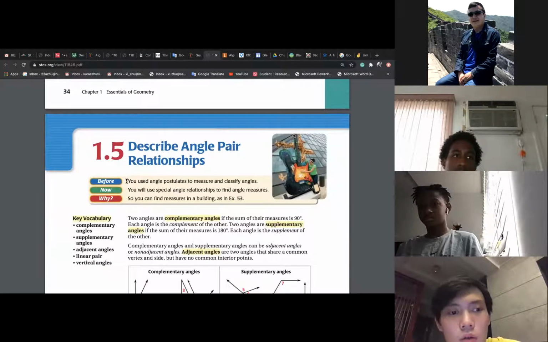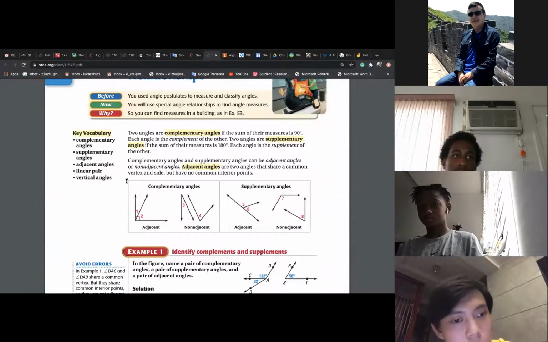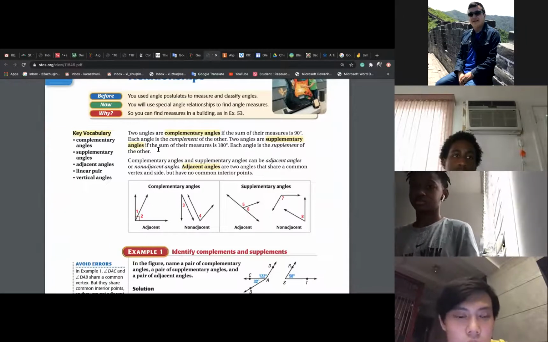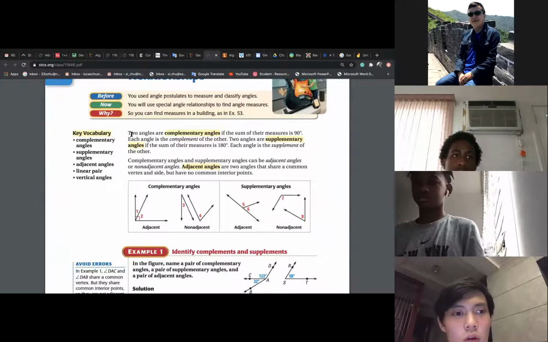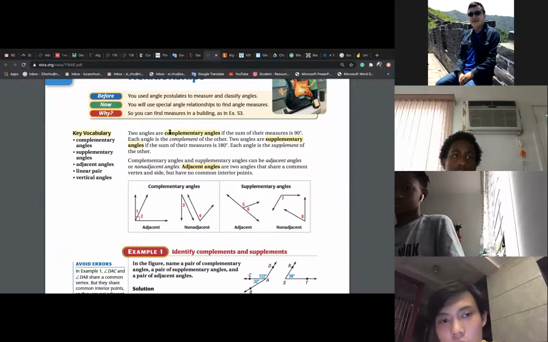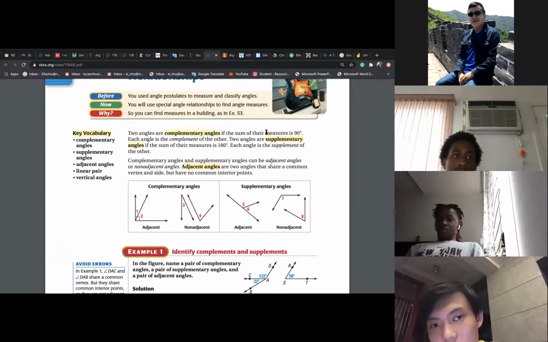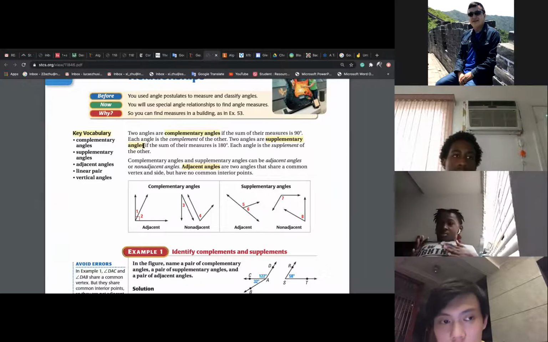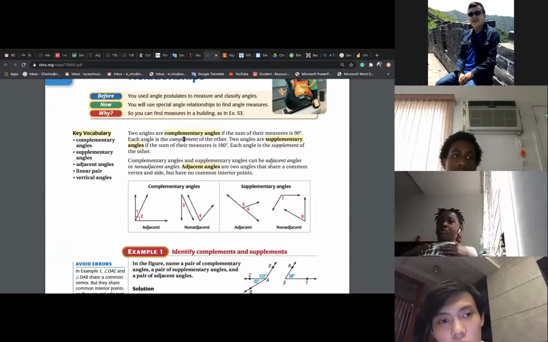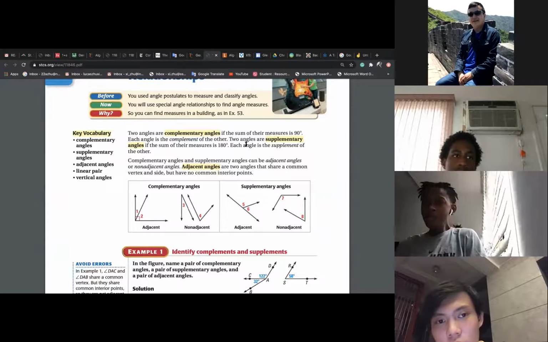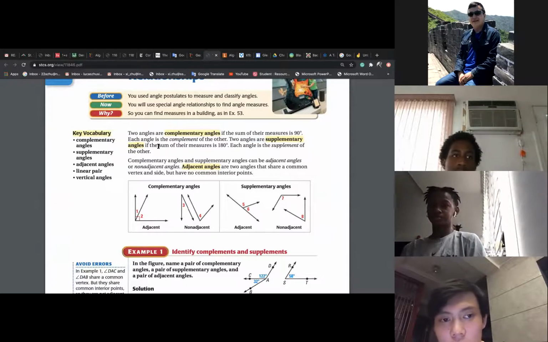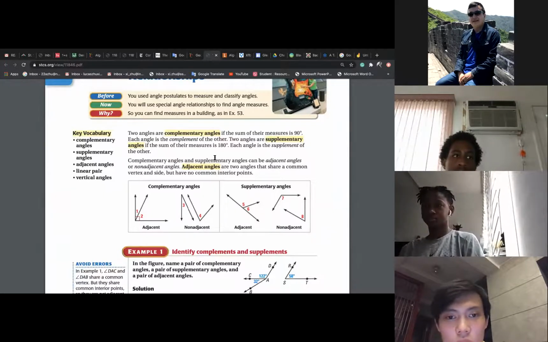Describe angle pair relationships. Okay, this one is pretty important. Two angles are complementary angles if the sum of their measures is 90. Each angle is the complement of the other. Two angles are supplementary angles if the sum of their measures is 180, and they are supplements of each other.